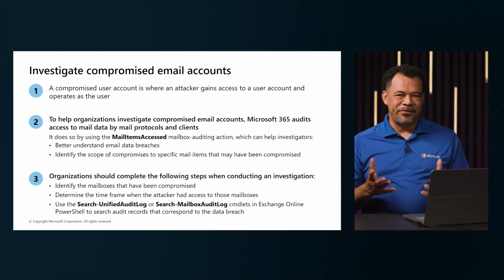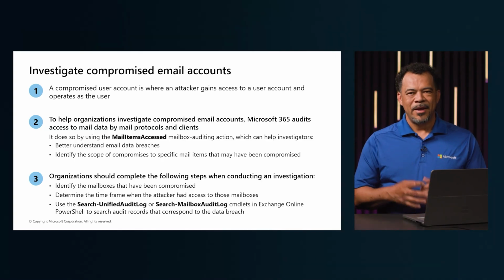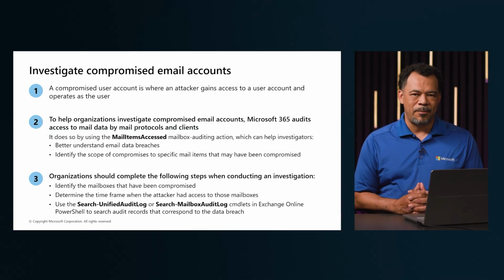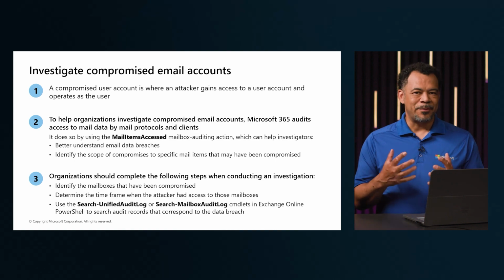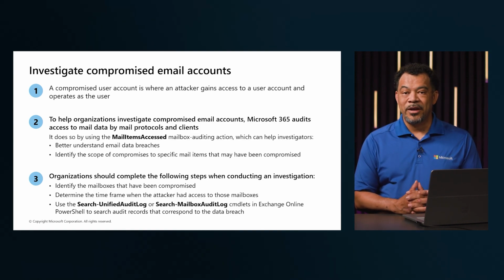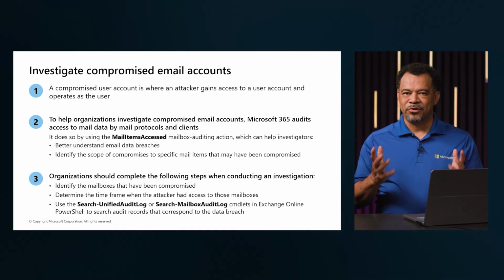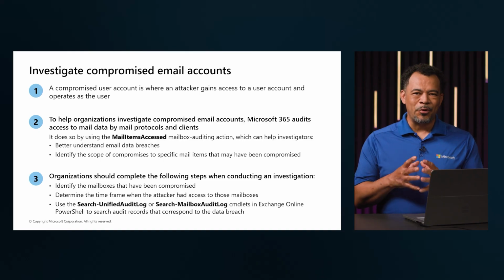When conducting an investigation, there are 3 key steps you want to keep in mind. Number 1, identify which mailboxes were compromised. Number 2, determine the time frame during which the attacker had access. And number 3, use PowerShell cmdlets like Search-UnifiedAuditLog or Search-MailboxAuditLog to pull the relevant audit records.